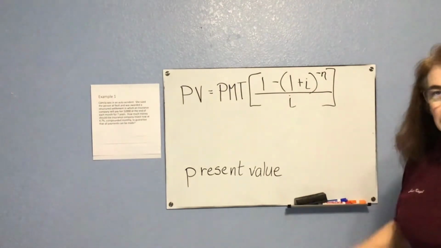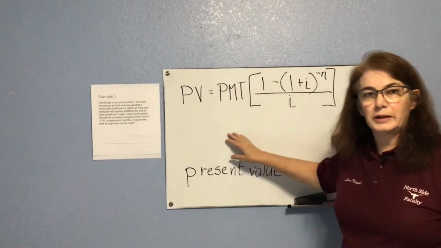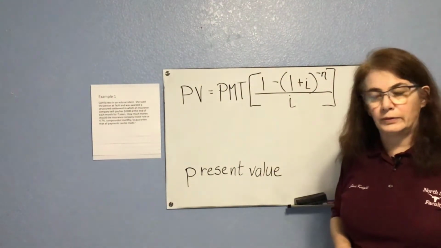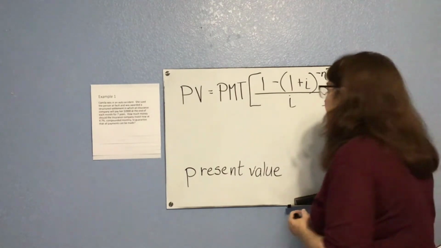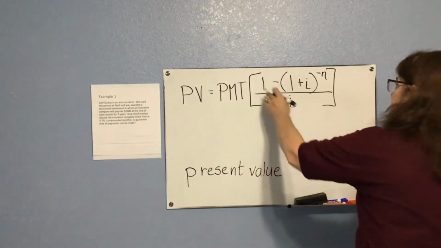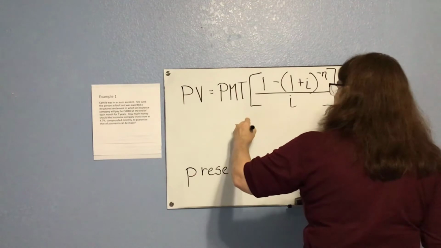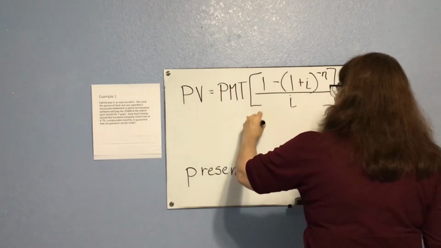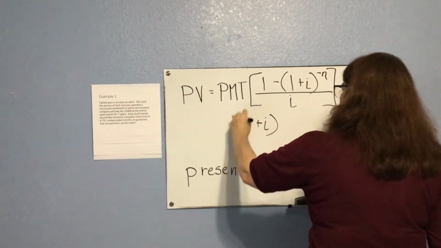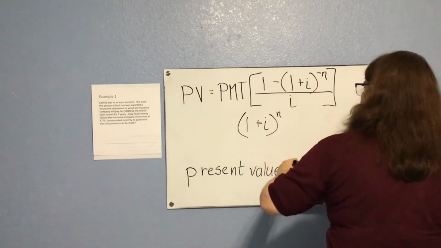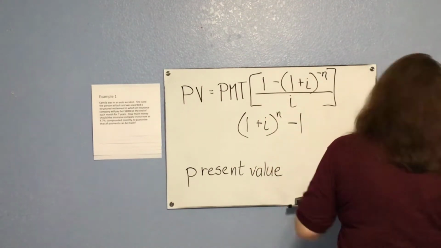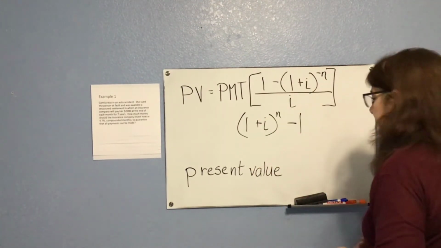In the future value formula, the numerator looks like this: (1 plus i) to the positive n, minus 1. Let's work an example now.